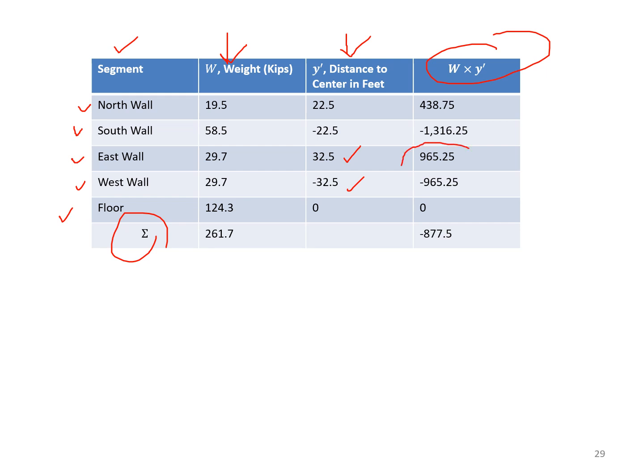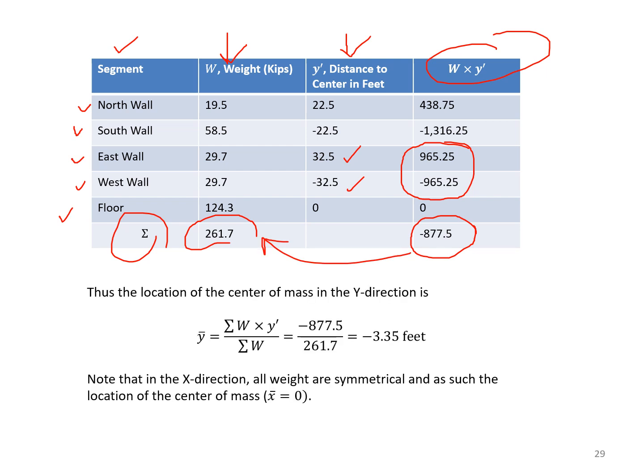Some of these terms will compensate each other, right? But still write them so you won't make a mistake. So take the algebraic sum for W times Y prime, the sum for the weight, divide this value by this, and there you go. You get Y bar, that's the location of the center of mass. Negative value, so that means we are actually below the reference line, right?